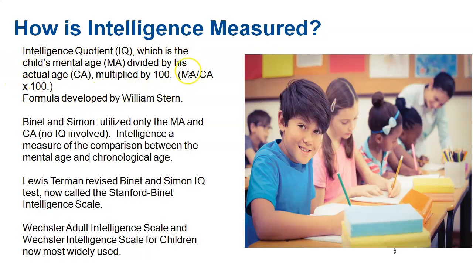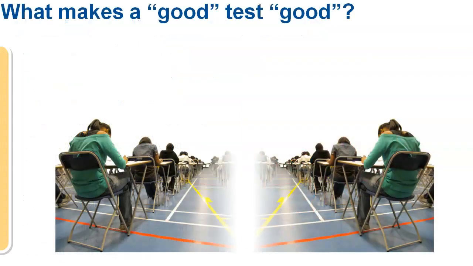It is your mental age divided by your actual age, and then multiplied by 100. So you'll see various options on the exam, and so be very careful that you're picking the right one. It is the mental age divided by the actual age, and then multiplied by 100.